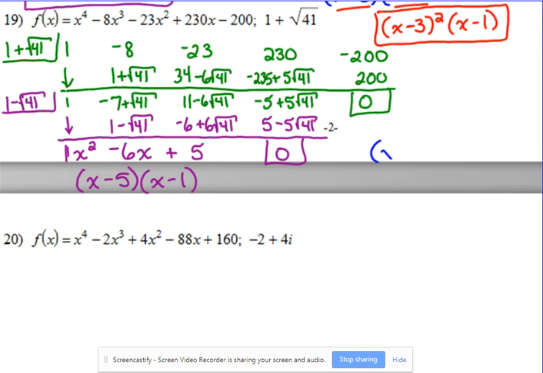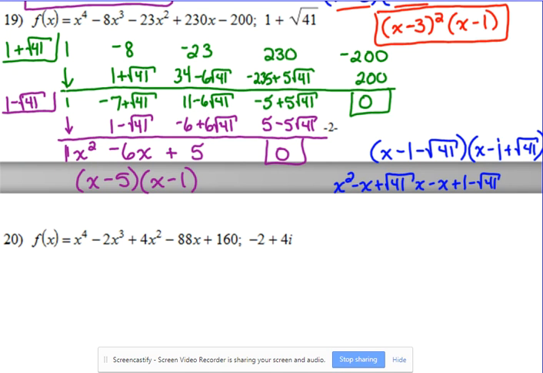So we do need to multiply this part out. So x minus 1 minus the square root of 41 times x minus 1 plus the square root of 41. We do need to multiply that out to make it look a little bit better to put this in factored form. Okay, so x squared minus x plus the square root of 41x minus x plus 1 minus the square root of 41 minus the square root of 41x plus the square root of 41 minus 41.